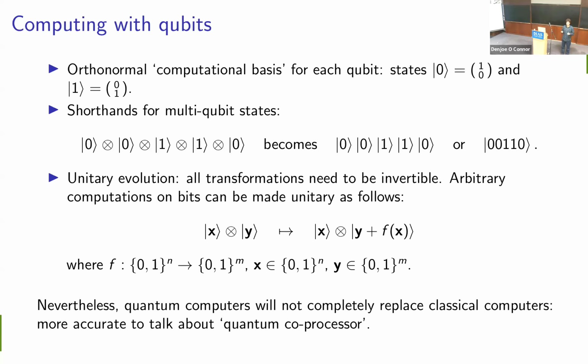So it doesn't really make sense to do things on the quantum hardware that we can also do efficiently on our classical computer. It's probably better to think of a quantum computer as a quantum coprocessor, something like a graphics card in a computer that is very good at certain kinds of computation, but it's not going to completely replace the processors that we normally use.